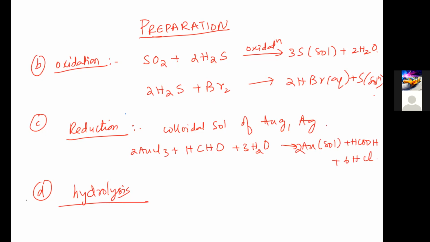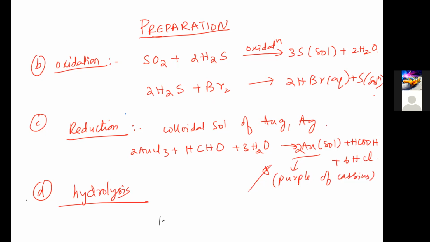This solution of gold is also called purple of Cassius.